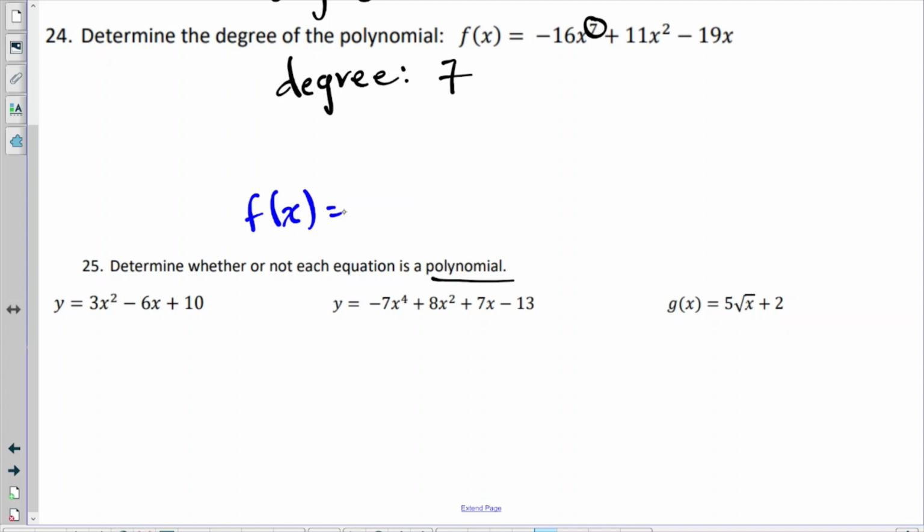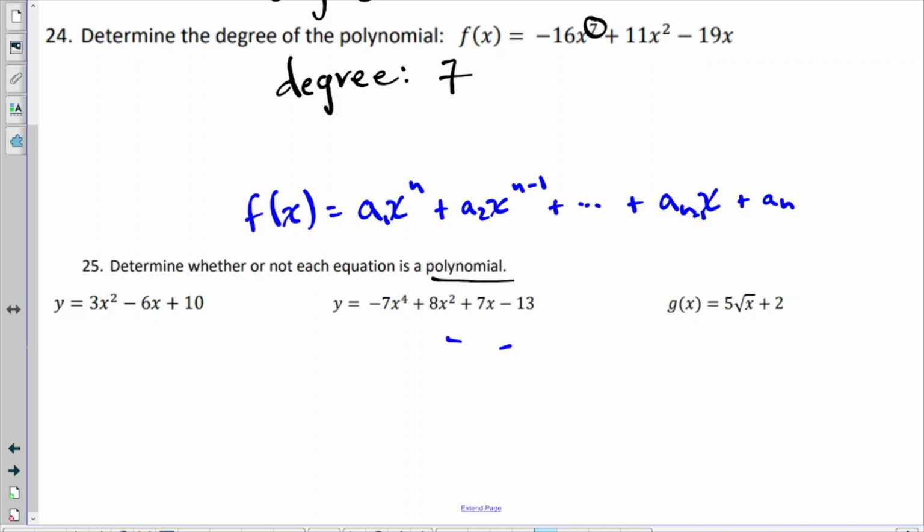Anything f of x where you have a_n times x to the n plus a_(n-1) times x to the n minus 1 plus dot dot dot, plus a_1 times x plus a_0. Anyway, okay, so what I'm saying is all of your terms have to look like this.